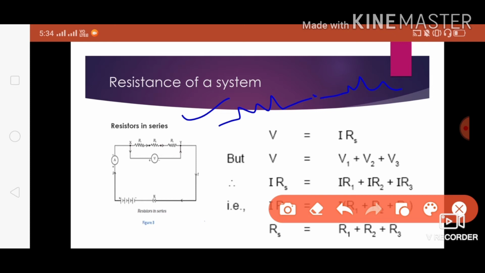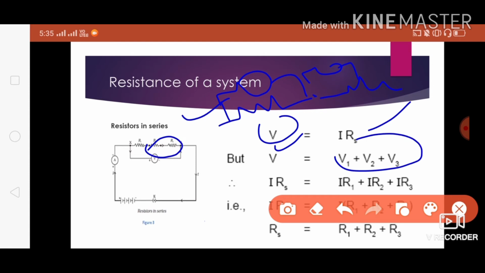In a series connection, the current will be the same and the voltage will drop across each resistance, one voltage here and one more voltage here. Applying Ohm's law, V equals I into Rs. The total voltage is equal to the sum of the individual voltages, V1 plus V2 plus V3, where V1 equals I R1, V2 equals I R2, and V3 equals I R3.